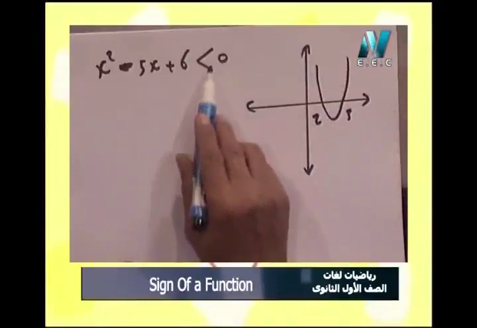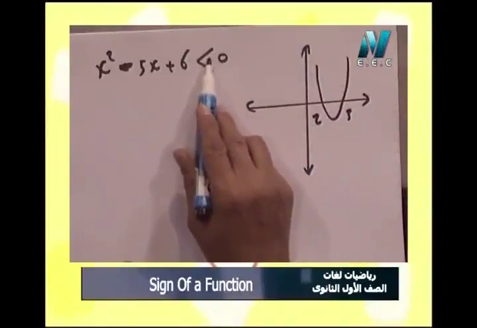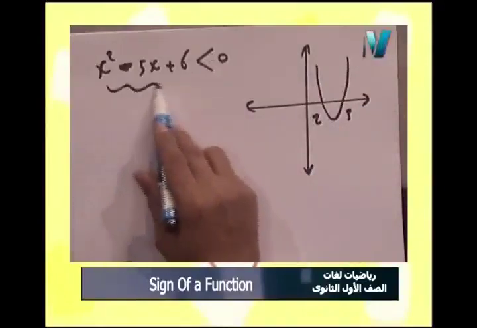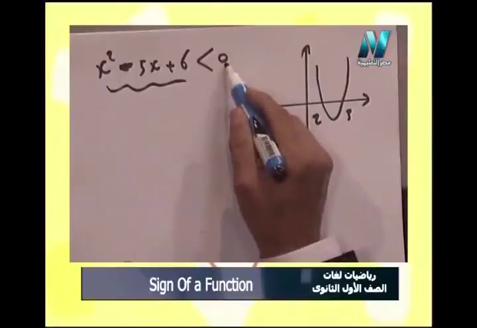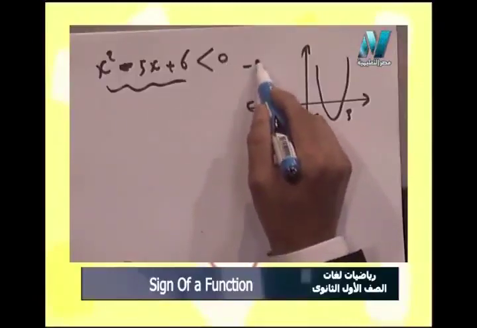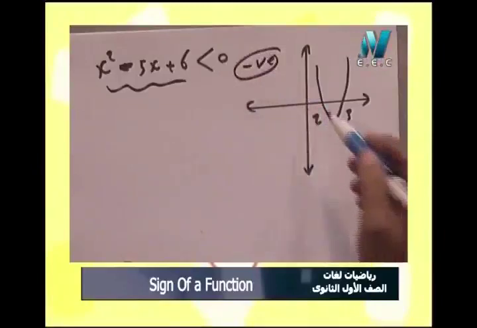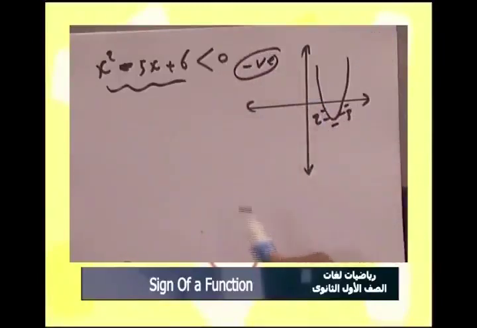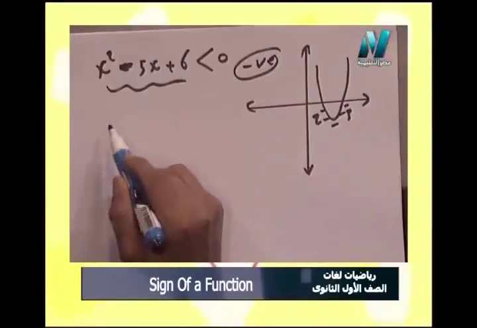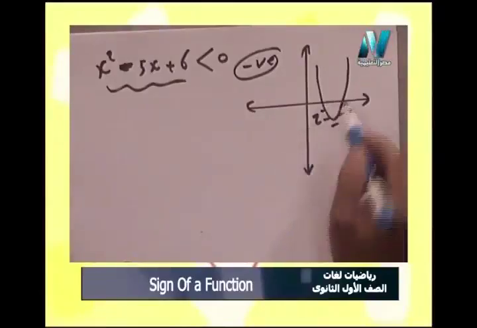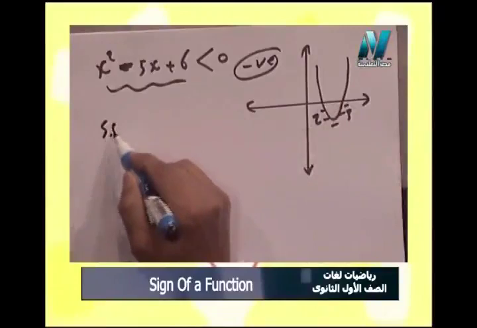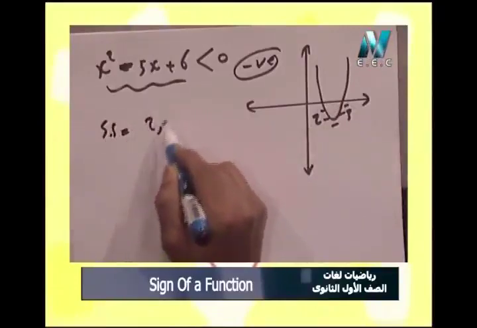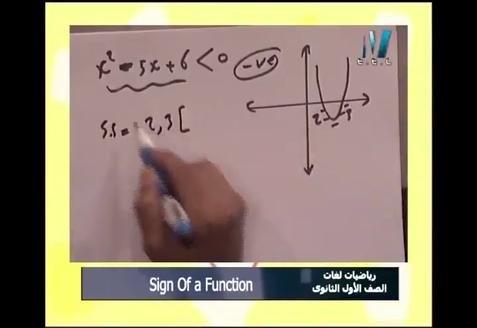And we want to find the solution of this inequality, which is less than 0. Less than 0 means negative. Where will this function be negative? This function will be negative here, between 2 and 3. So the solution set here will be the open interval 2 and 3.